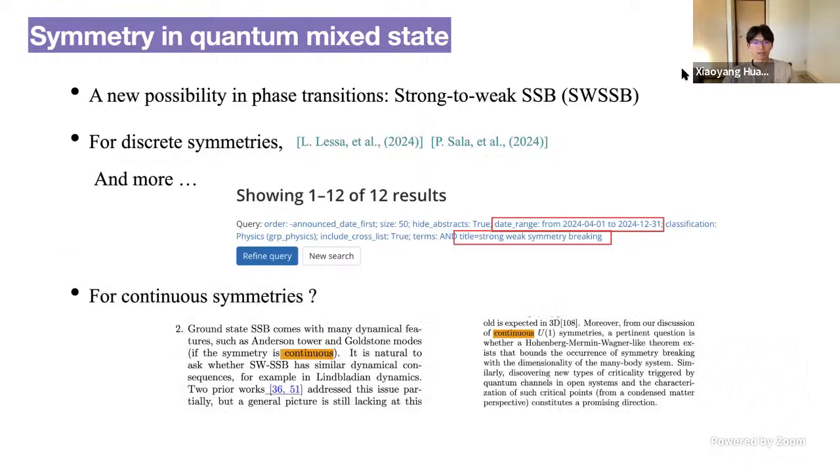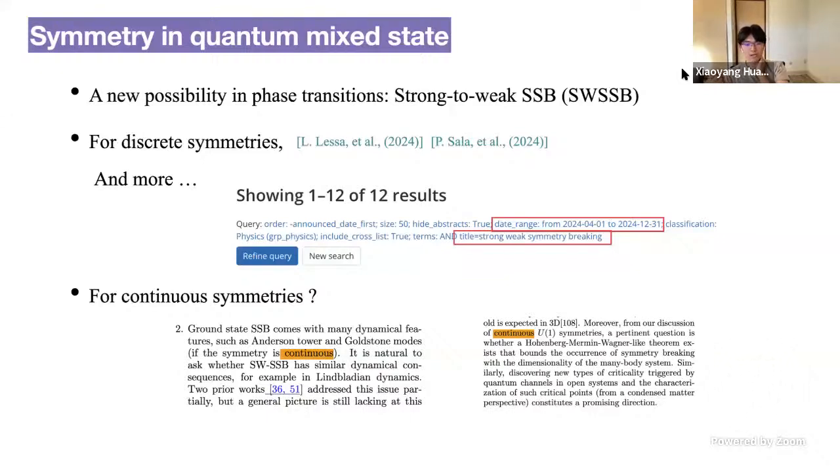The 2 pioneer papers had an outlook section that both talk about possible directions for continuous symmetries: what happens if you have a continuous symmetry that undergoes strong-to-weak SSB. We know that for weak SSB, it gives you what I described before as the superfluid phase.